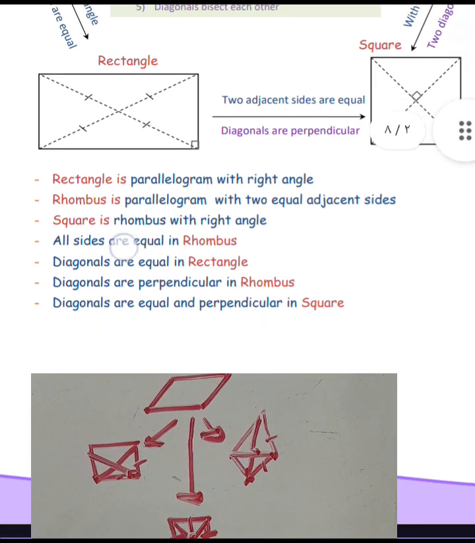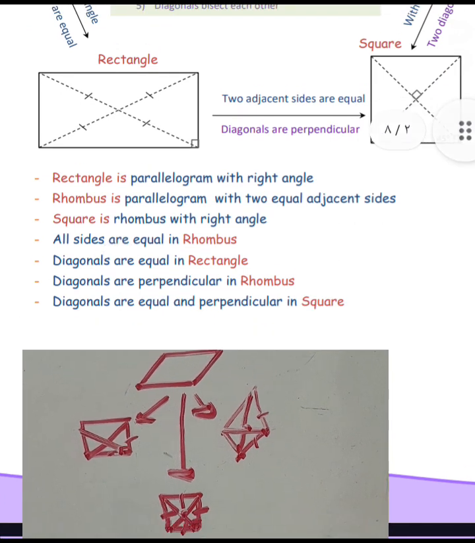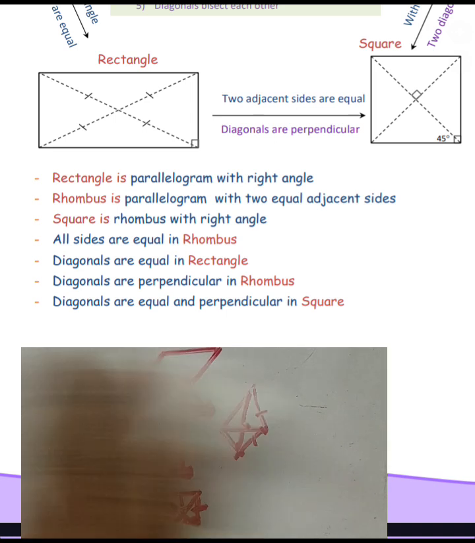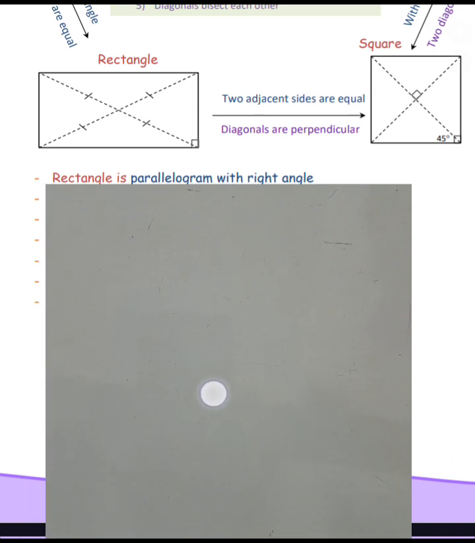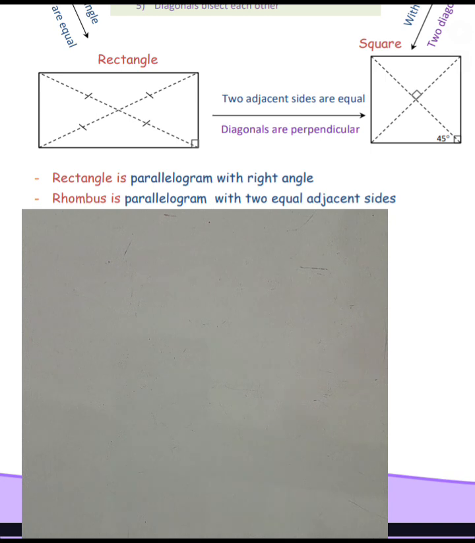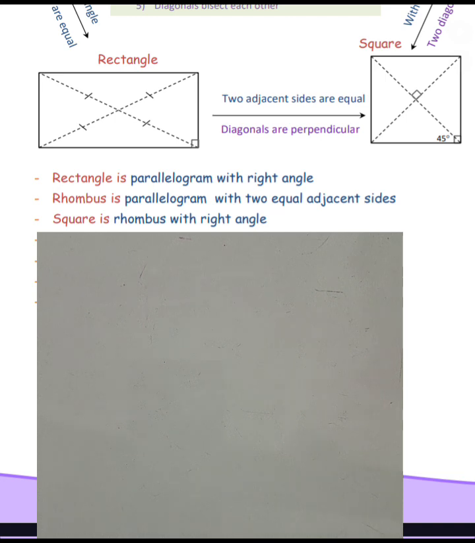Okay, look at this definition here. First, a rectangle is a parallelogram with a right angle. A rhombus is a parallelogram with two equal adjacent sides. A square is a rhombus with a right angle.